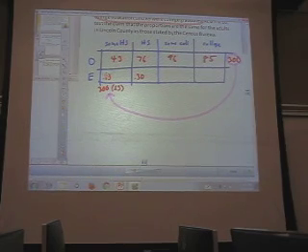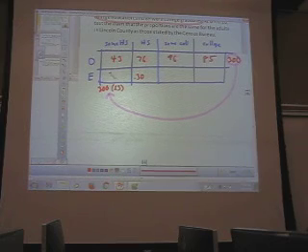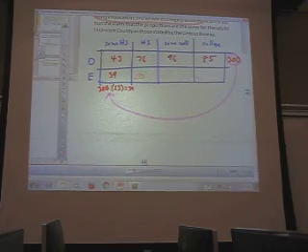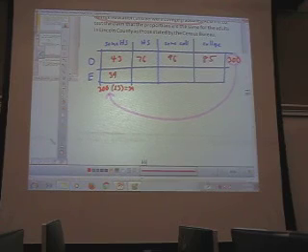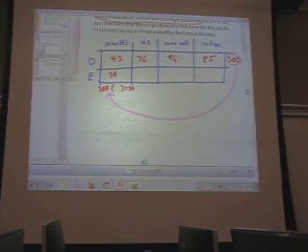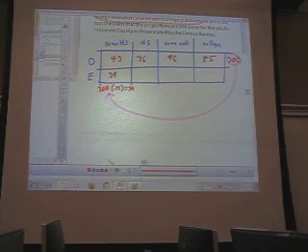So that gives you 39. Everybody kind of follow? Do the rest. 13% of 300 means multiply them.